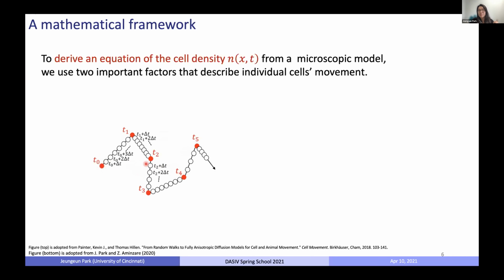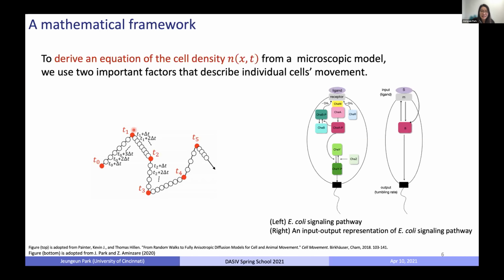So this is often modeled by a velocity jump process. And the other thing is that the rate of change of tumble, or the tumbling rate, depends on their internal or intracellular dynamics.